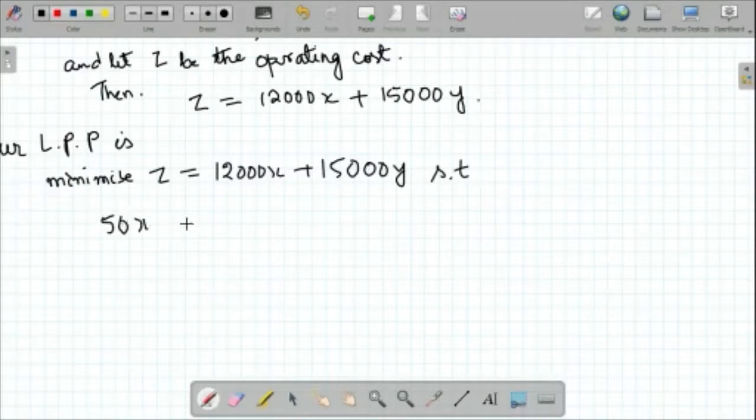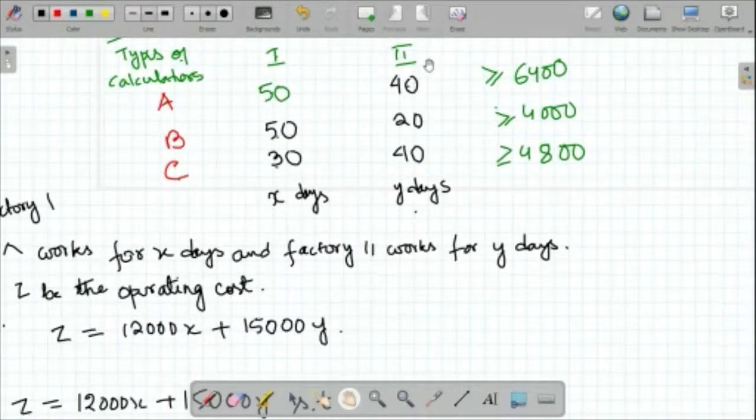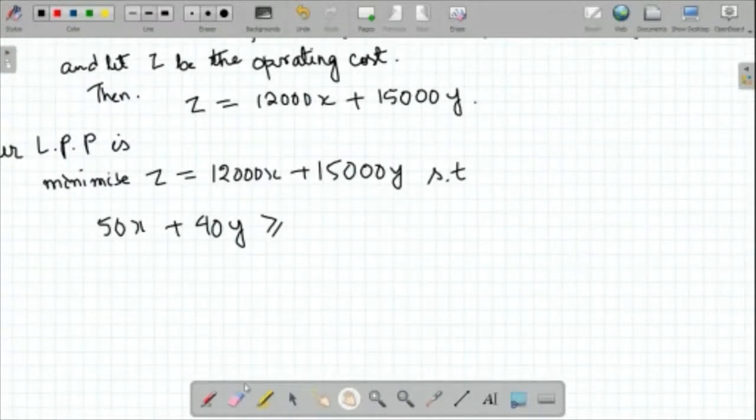So the condition is that it will be 50 times of x plus 40 times of y, and it should be greater than or equal to how much? 6,400, right? Now this equation, see, 10 is common in all the terms, so I can divide by 10.